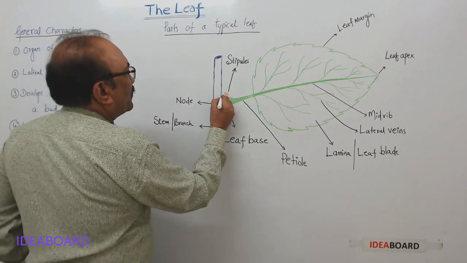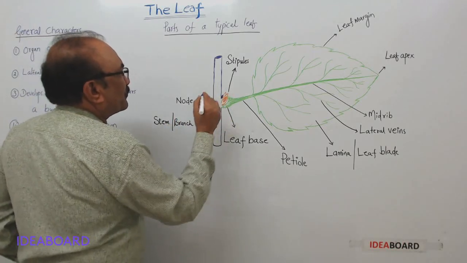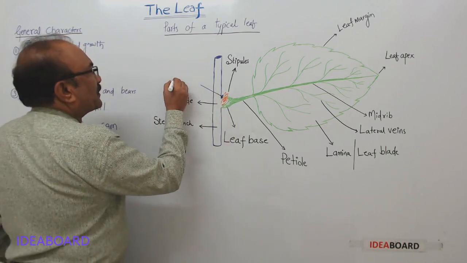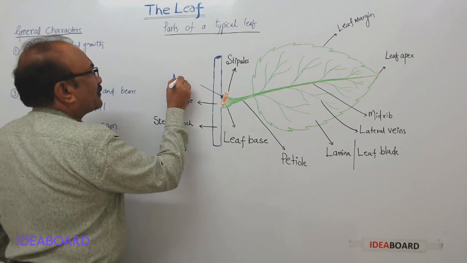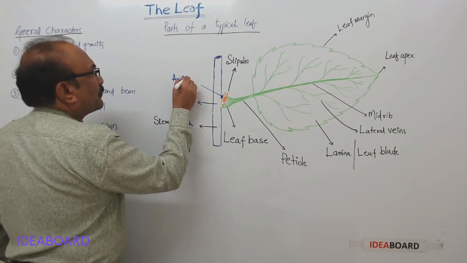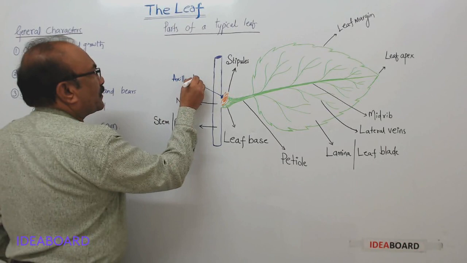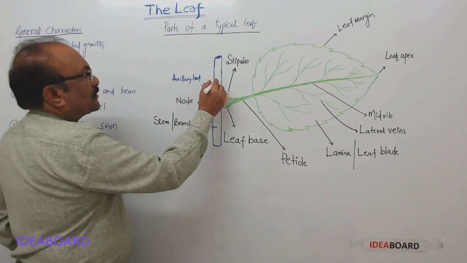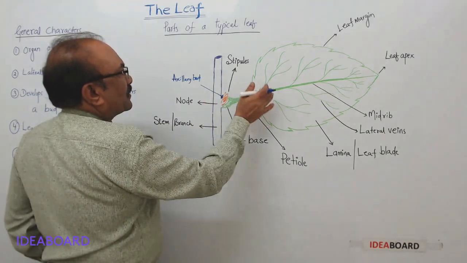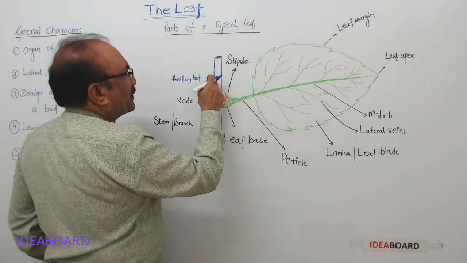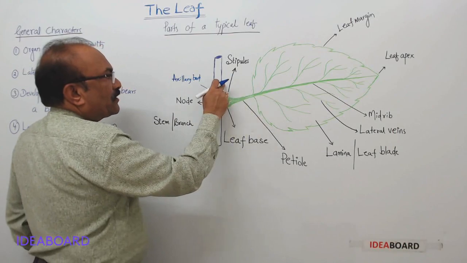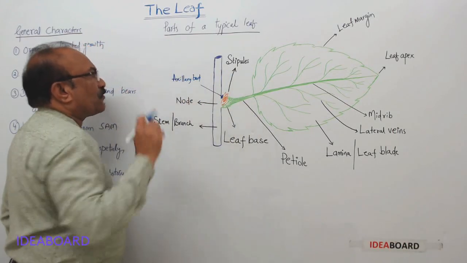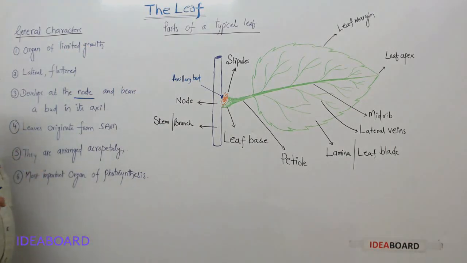So you will find a bud here, and we call this bud the axillary bud. Remember, this is the angle. The upper angle between the axis and the leaf is called the axil, and the bud that is present in the axil of the leaf is called the axillary bud.